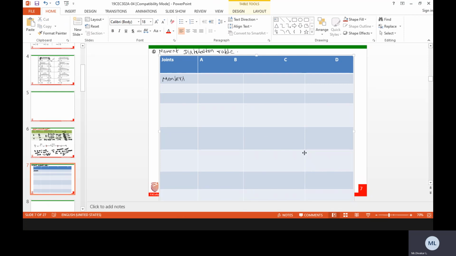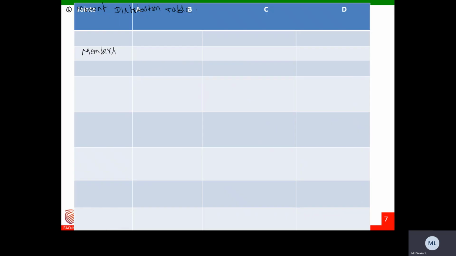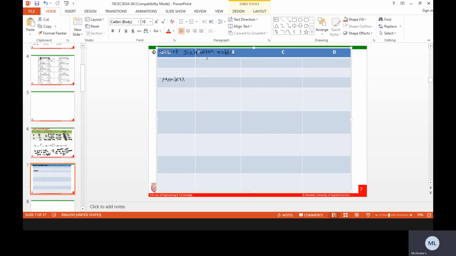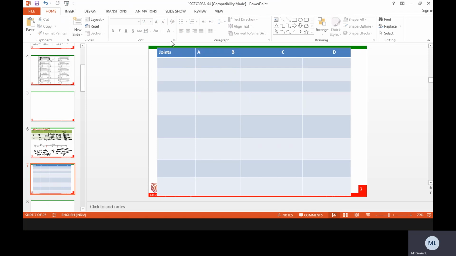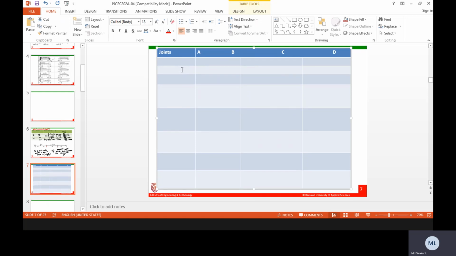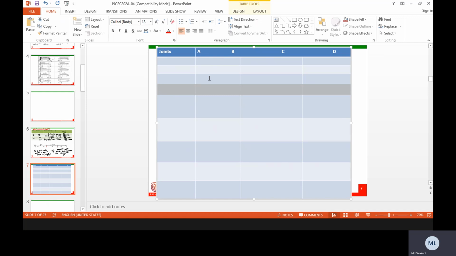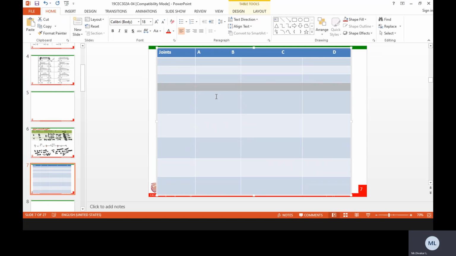I added another one. Here I can write moment distribution table. Okay, this is the moment distribution table.